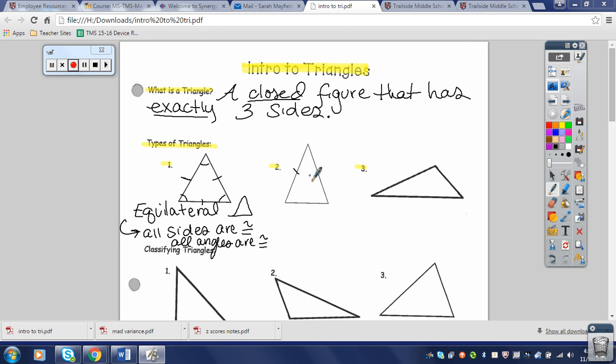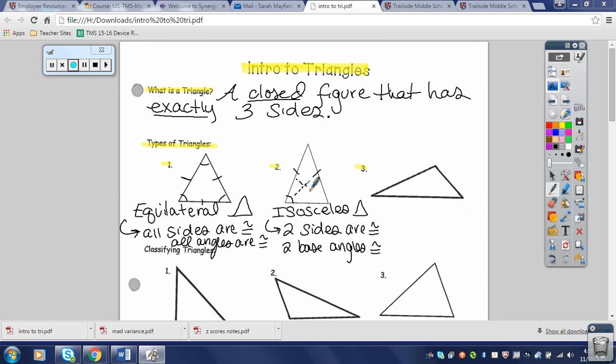Next one should have tick marks here and here. When 2 sides are congruent, this makes it an isosceles triangle. This means 2 sides are congruent and the 2 base angles are also congruent. The base angles are opposite.